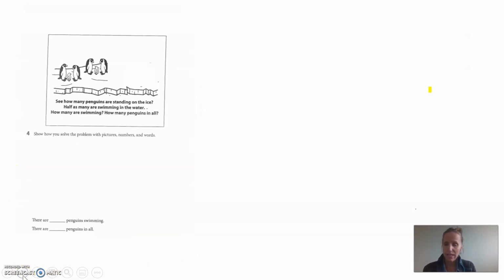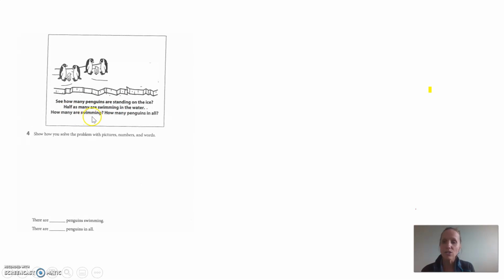All right. Story problem 4 on the next page. I changed this a little bit, so it's asking the same questions, but it's not the same amount of penguins. It says, see how many penguins are standing on the ice. Half as many are swimming in the water.